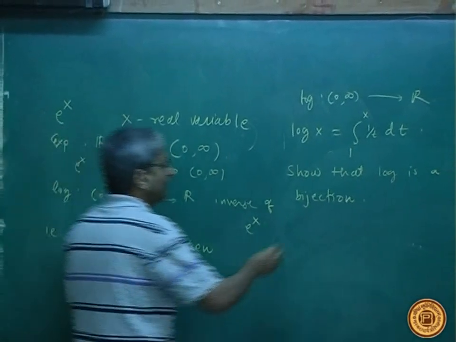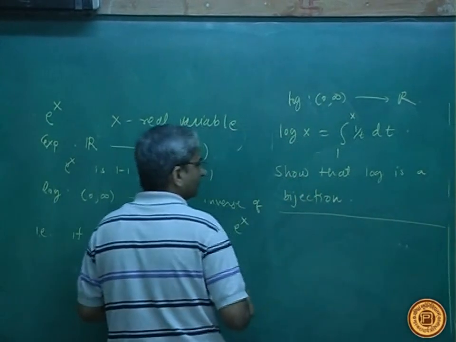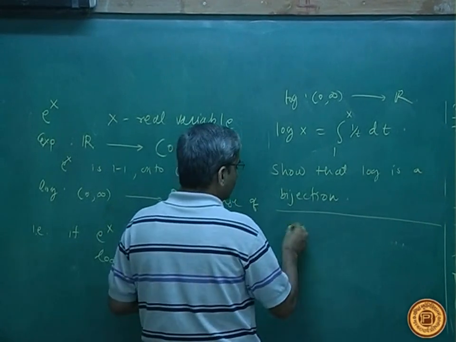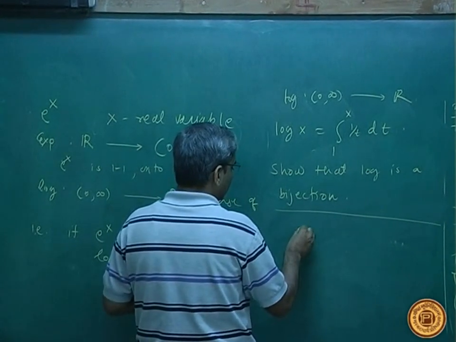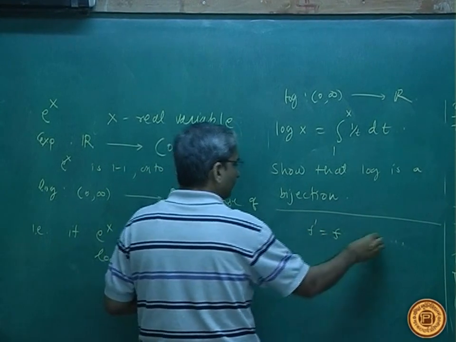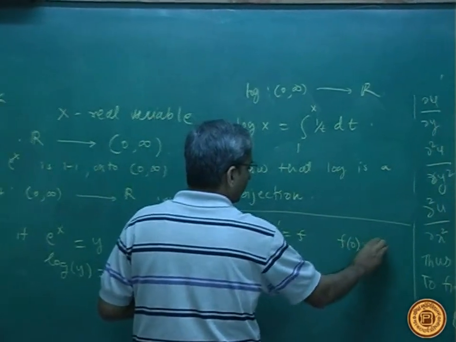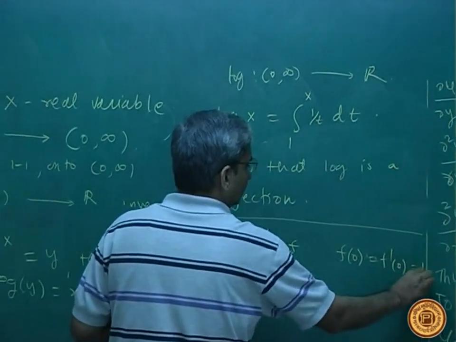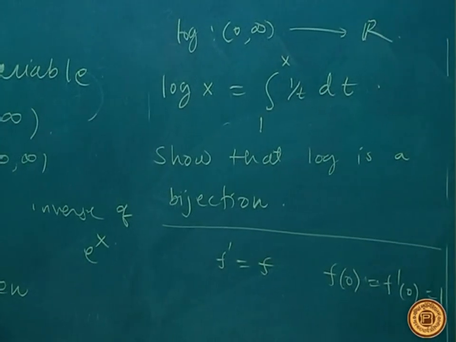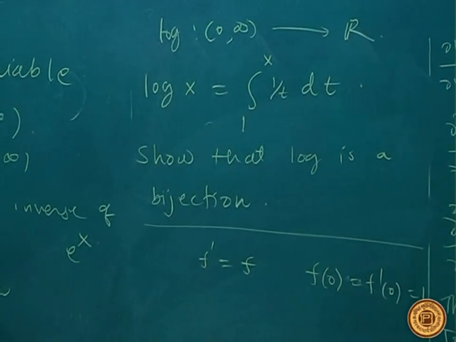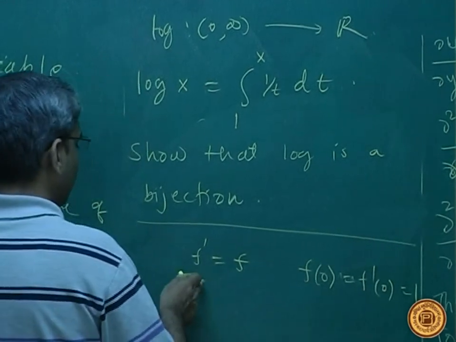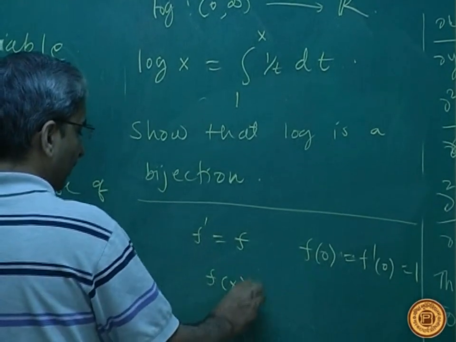Or I can define the exponential function as the solution of the differential equation f' = f with f(0) = f'(0) = 1. So there is a unique solution satisfying this, and then that I can define as e to the power x.